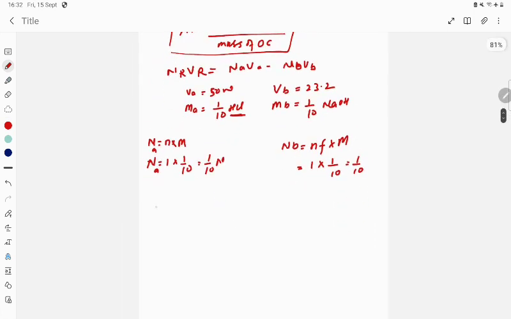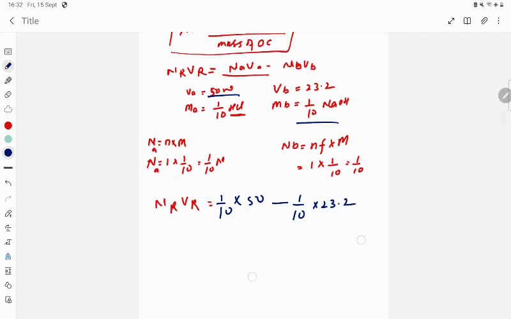Now the concept they are saying, NRVR. So what is going to come? Normality of acid 1 by 10, volume of acid 50, minus normality 1 by 10, volume 23.2.